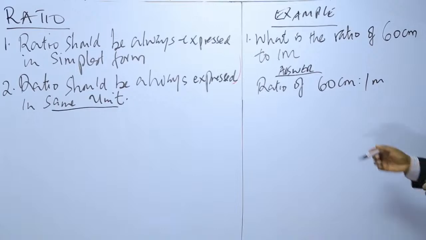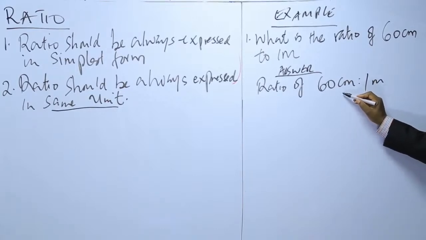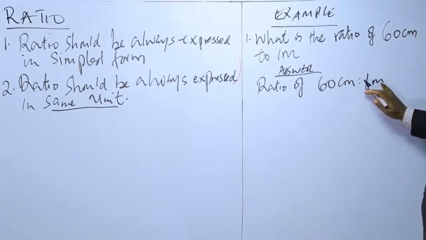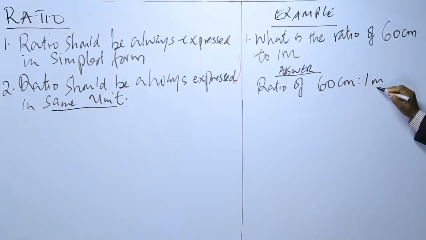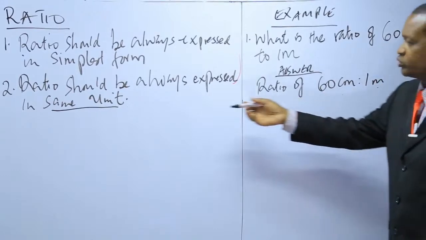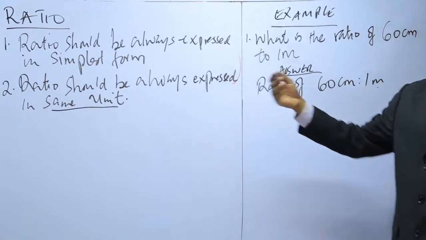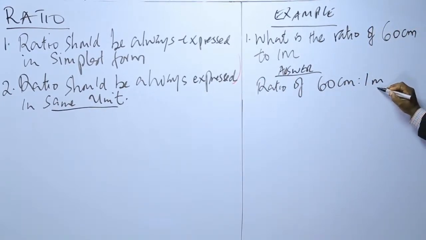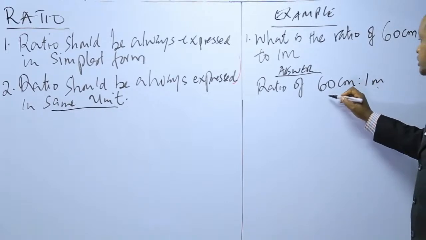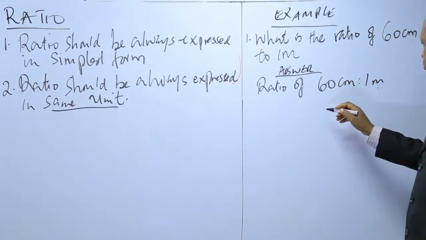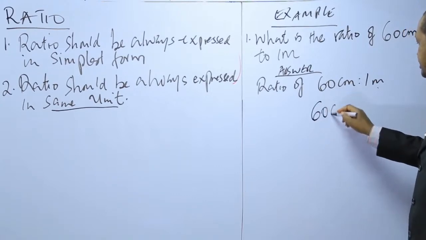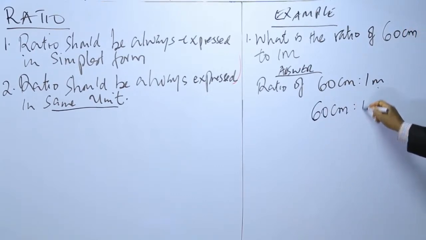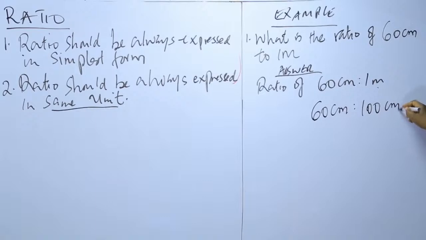You can see here the first quantity is in centimeters, the second quantity is in meters, and you have just said here ratios should be expressed using the same unit. So we have to convert these meters into centimeters. In this case, we'll have 60 centimeters to 100 centimeters.